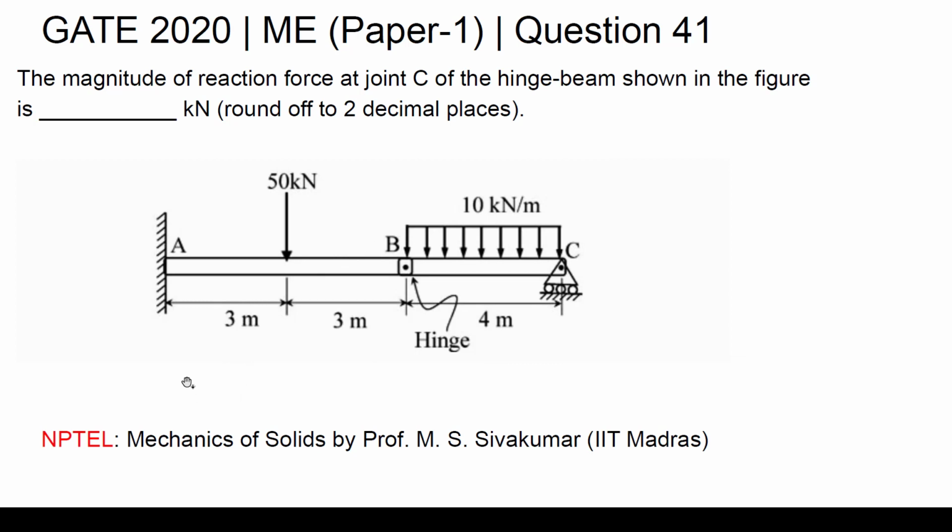You can check out more detailed concepts about this topic in the NPTEL lecture Mechanics of Solids by Professor M.S. Shivakumar from IIT Madras. Before going into the problem, we'll look into a few useful data.